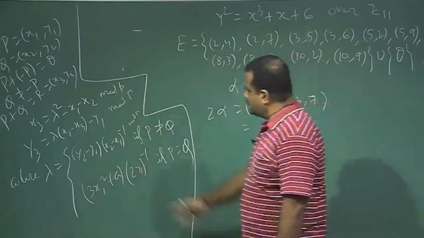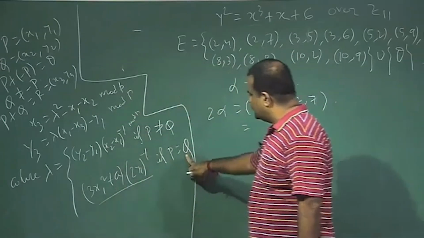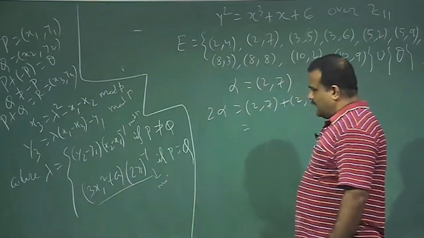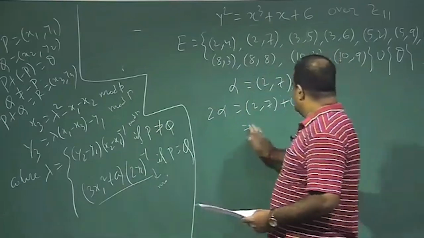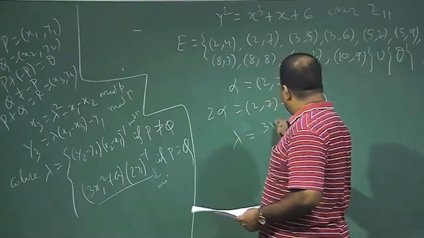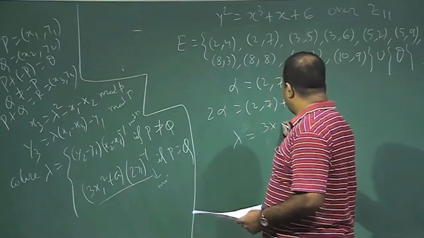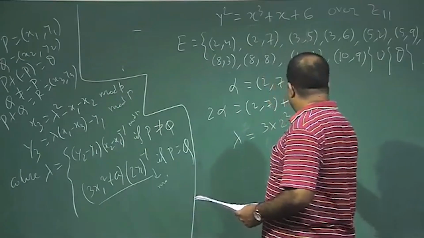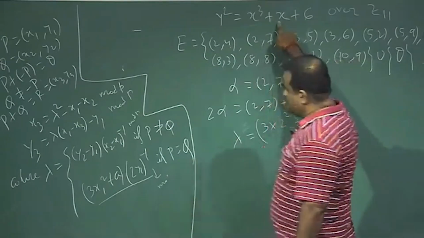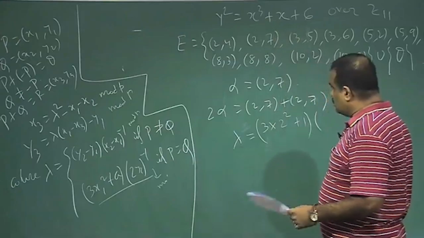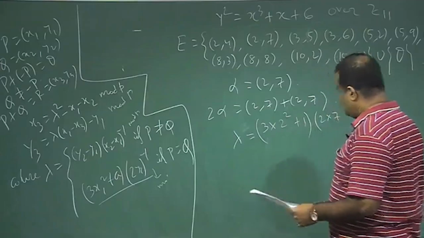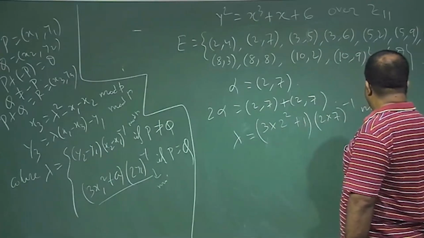For X3 we calculate lambda square. Lambda comes from this formula when P is equal to Q, under mod p. So we calculate this value: lambda is 3 into x1 square, x1 square is 2 square, plus a, where a is 1 for this curve, divided by 2y1, where y1 is 7, so 2 into 7 inverse mod 11.